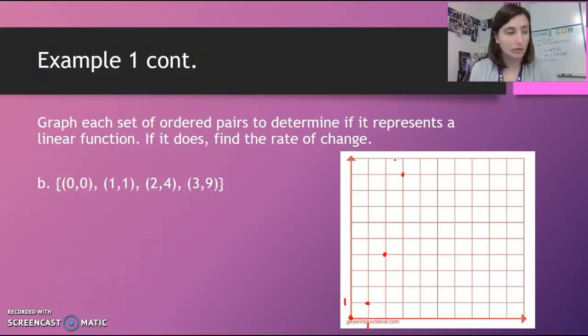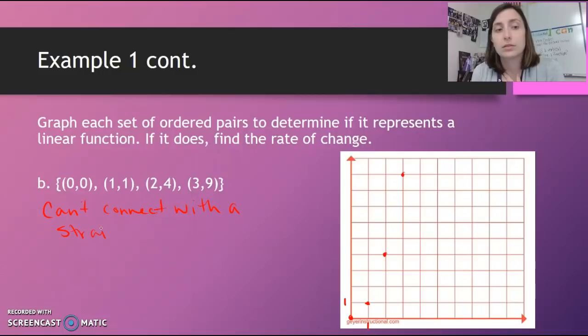This is a curve. And so, because we can't connect these with a straight line, it's not linear. Now, that does not mean it's not a function. It is still a function because each of our x values only has one y value.